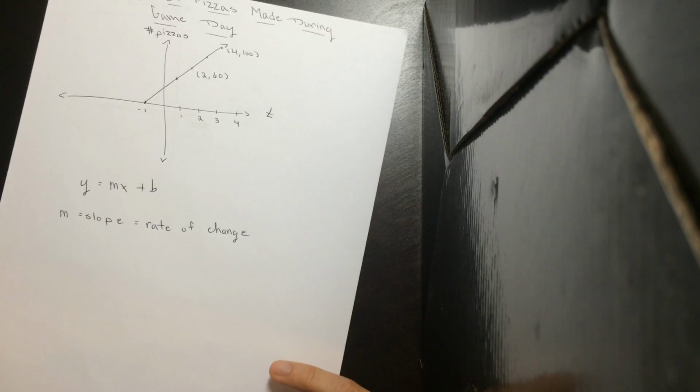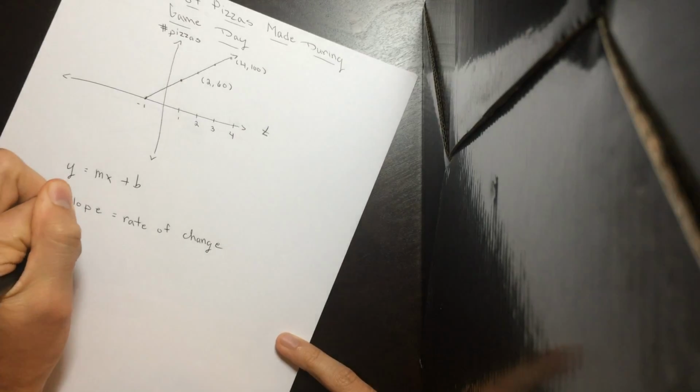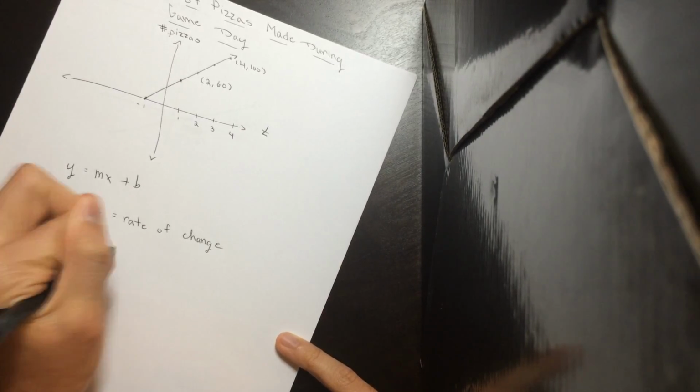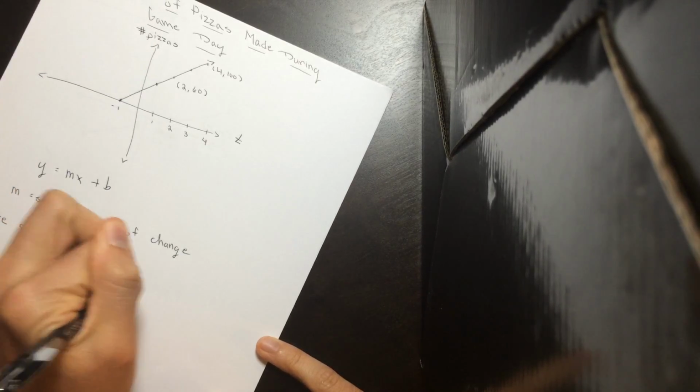So let's find the rate of change of our line, excuse me. To do that, let's figure out how many pizzas are made per hour. So how about we do the change in number of pizzas over change in time.